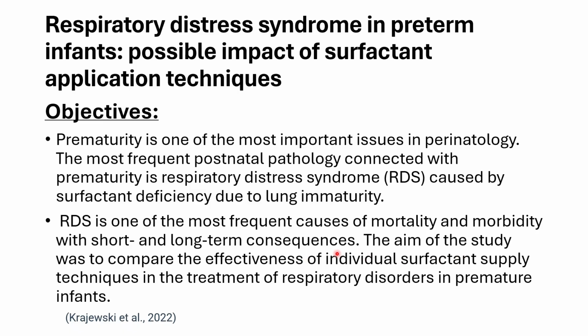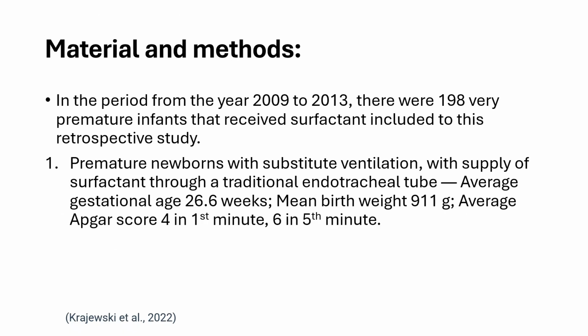The aim of this research study is to compare the effectiveness of the individual surfactant supply techniques in the treatment of respiratory distress syndrome in premature infants. There are three methods actually used, from the years 2009 to 2013. 198 premature infants were used and they received a surfactant.